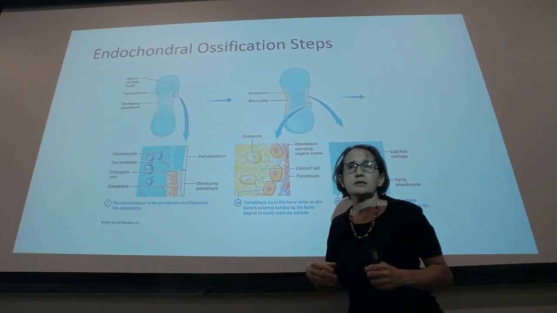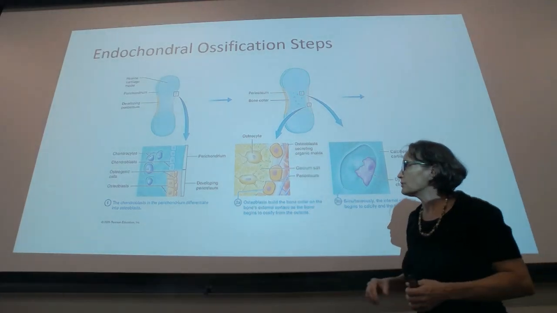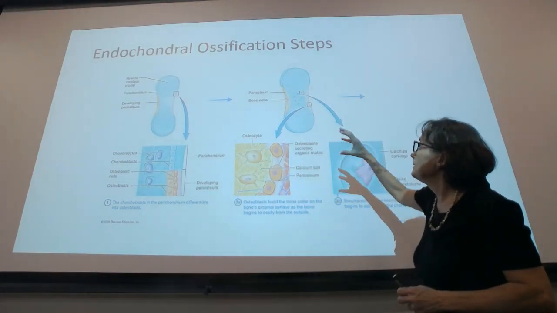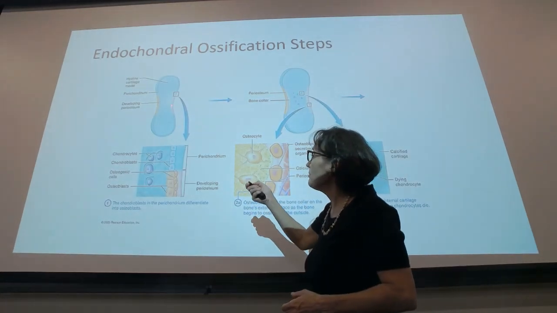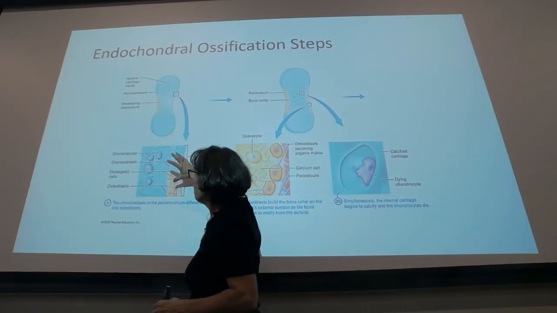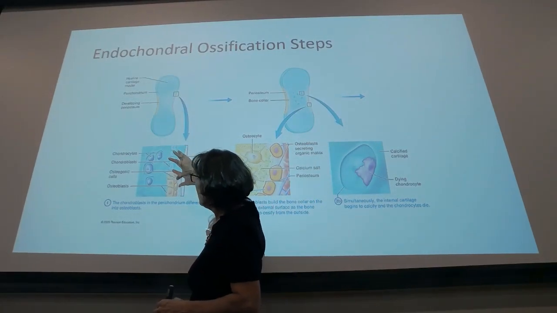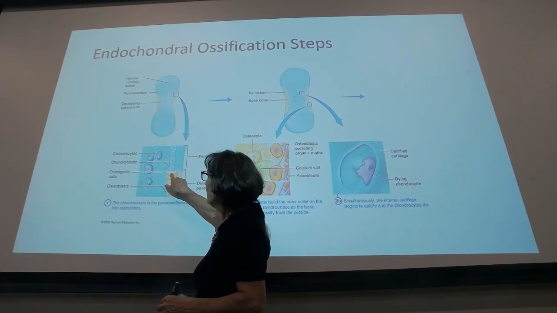These factors are going to attract blood vessels into the middle to form the primary ossification center. And these cells that you have here, which are the osteogenic cells, will become the osteoblasts.